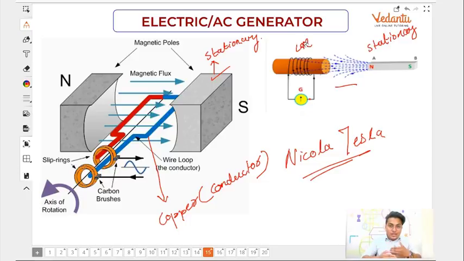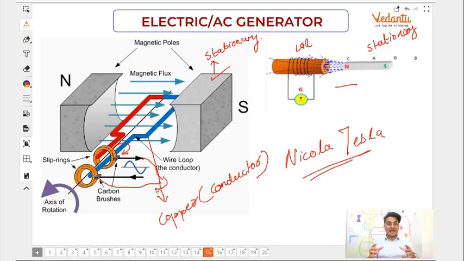And this induced current went to the slip rings, and the slip rings gave the current to the brushes, and from the brushes it went on to the external circuit. That's it. This is the working of an AC generator. Simple. So I'll just repeat this again. I have two magnets which produce a magnetic field.